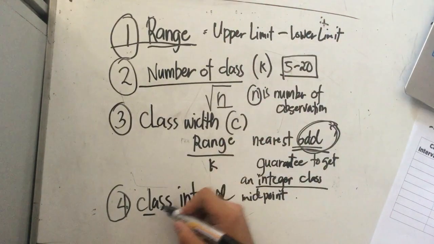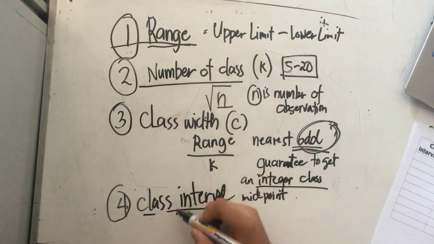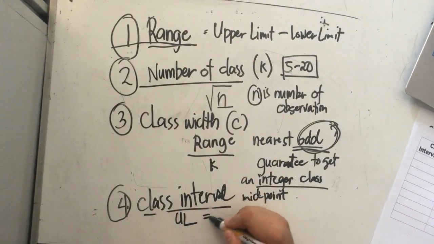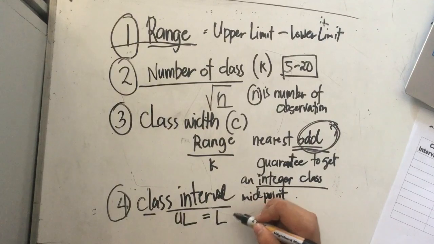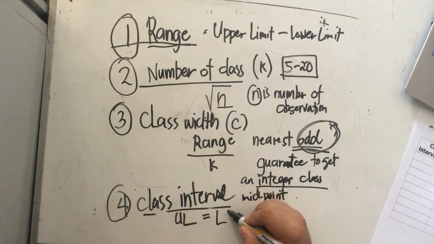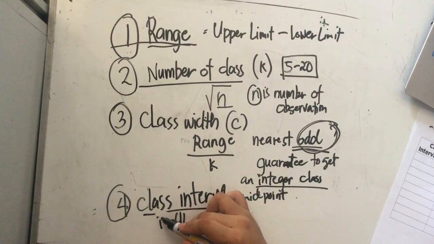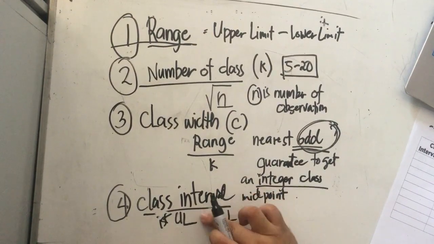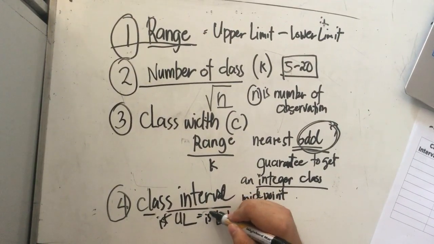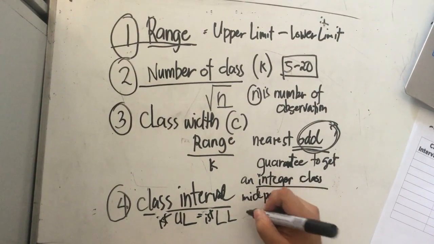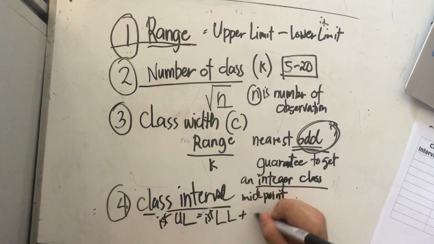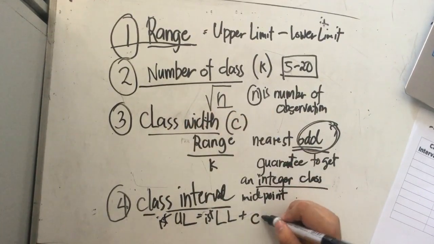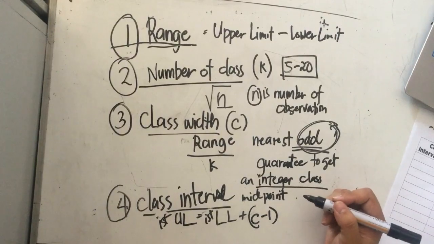Okay? To get the class interval, the first upper limit is equal to the first lower limit plus our class width minus 1, which is our unit size.